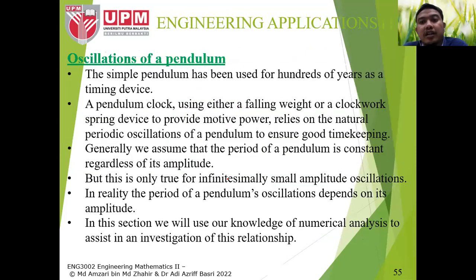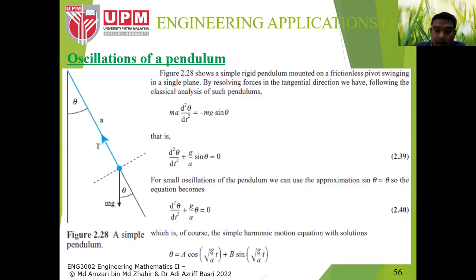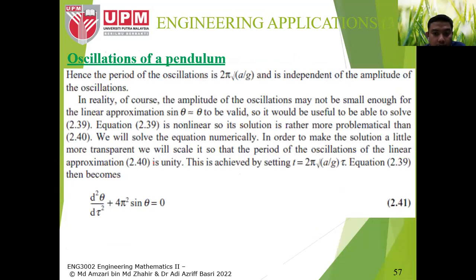Okay, this is an engineering application: an example of the oscillation of a pendulum. The simple pendulum has been used for 100 years, and this is the history of pendulums. A pendulum can be analyzed with a numerical method, so you can start to understand how the calculation of the pendulum works.